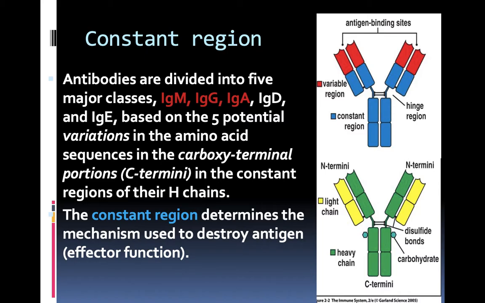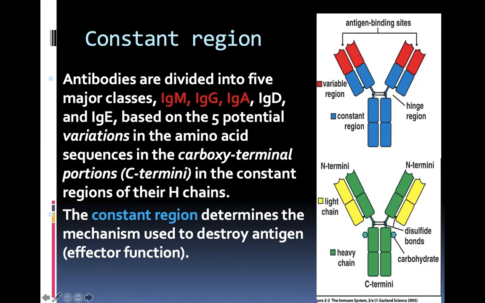Based on these five types, the variable regions are almost the same across the monomeric units or sequences, with differences only on the key amino acids. What differentiates these isotypes from one another is there are five potential variations in the carboxy terminal end of the constant regions of the heavy chain.